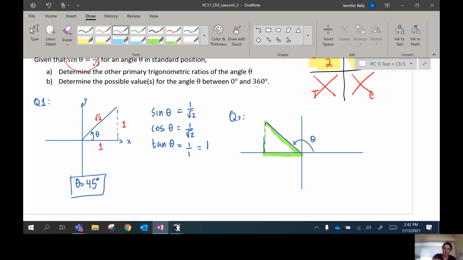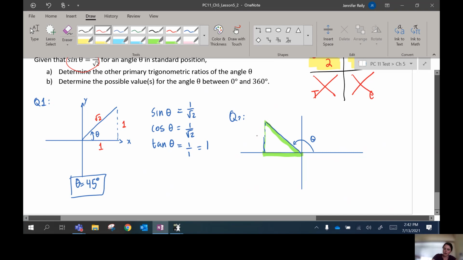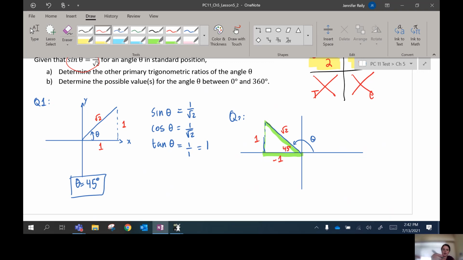So I'm told sine, which is opposite over hypotenuse, is 1 over root 2. So I'll also have 1 here, but this time we're in the negative part of the x-axis, so the x is going to be negative. And then this is the reference angle, which is going to be 45 degrees here.